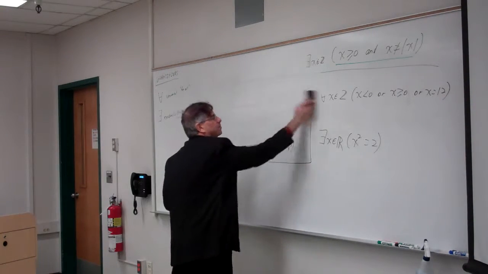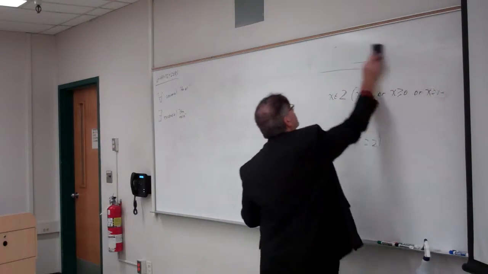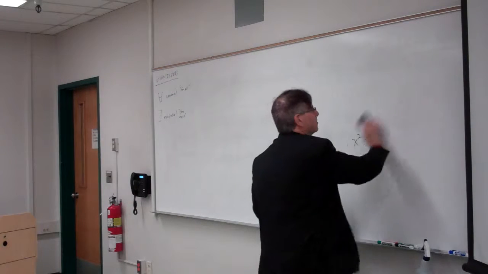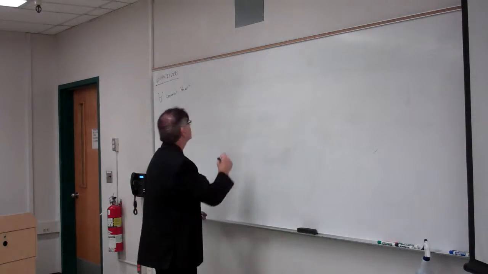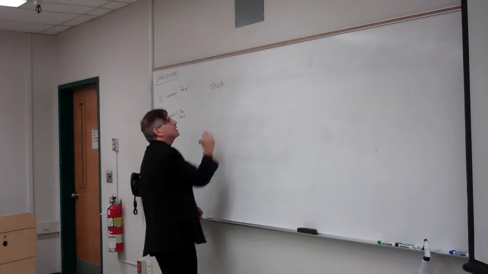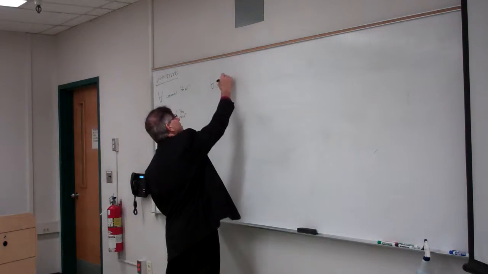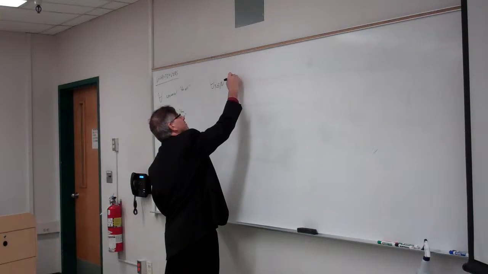And let me mention one more version of a quantifier that again we'll encounter when we do mathematical induction. So for all x contained in the natural numbers, which is 0, 1, 2, 3, 4, for all x contained in N, P of x.